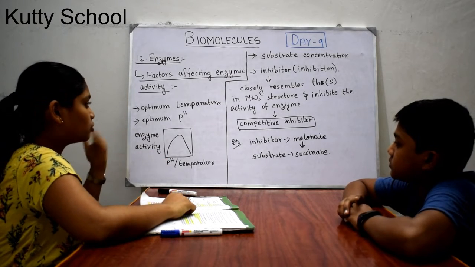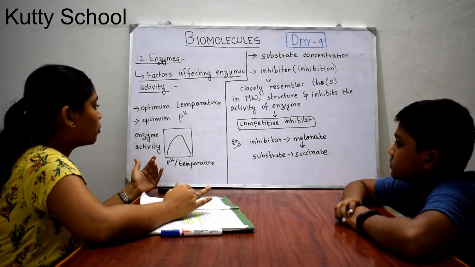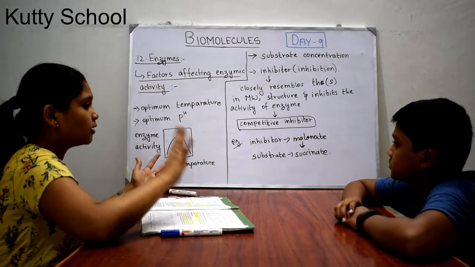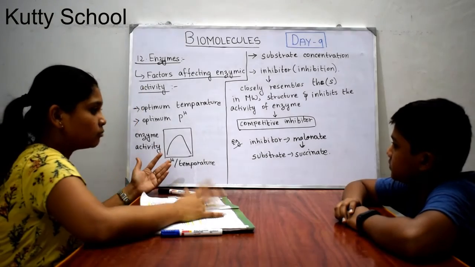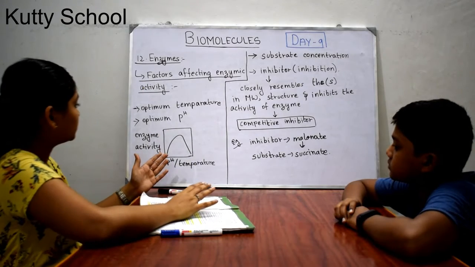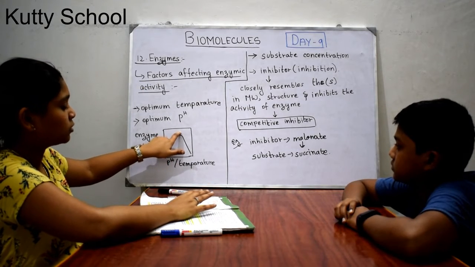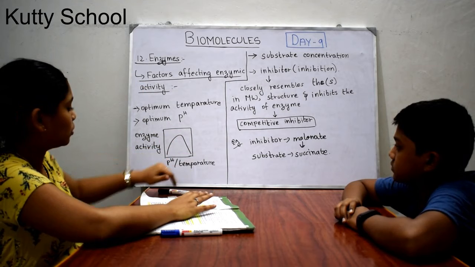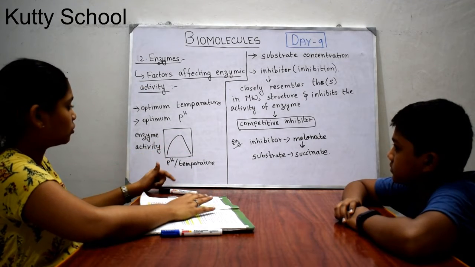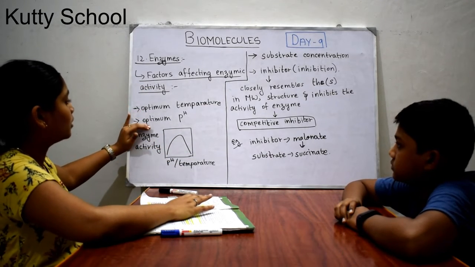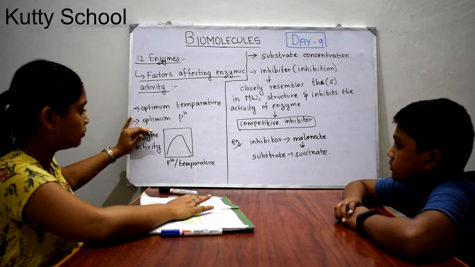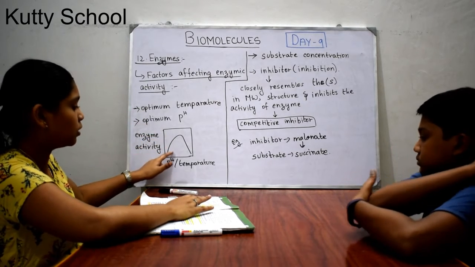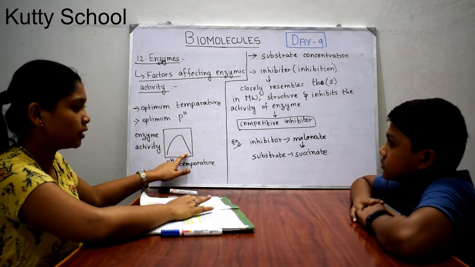If the temperature is too low, the enzyme will not work, and if the temperature is too high, the enzyme will not work. Only at the correct temperature does the enzyme work. The same condition is for pH also. If it is too acidic, the enzyme cannot work, and if it is too basic, the enzyme cannot work.